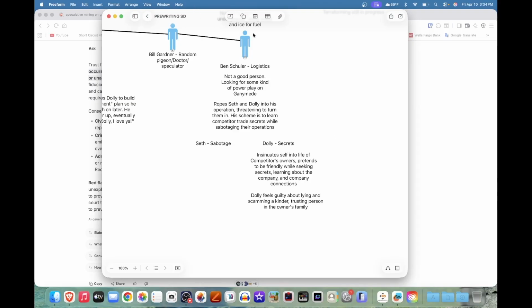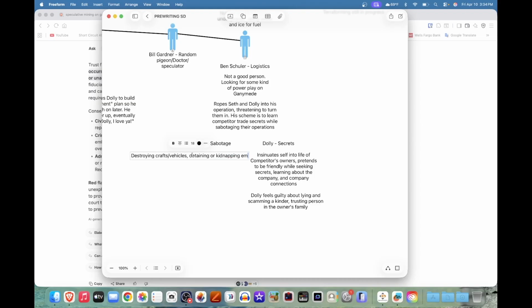So let's see here. Seth, now I don't know exactly what Seth could do. Seth could destroy stuff. I don't know. Destroying vehicles. Detaining. Or kidnapping.